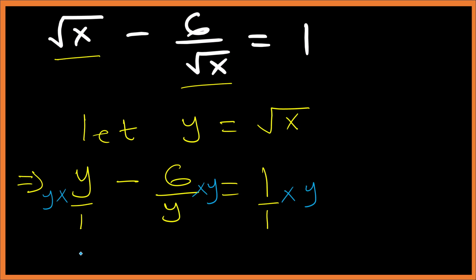So this side will be y squared, and this side will cancel, minus 6, and we have y, as simple as that. Now let's arrange them here: y squared minus 6 equals y.